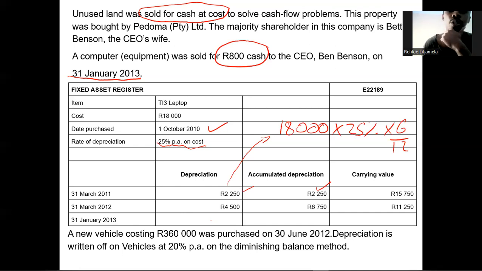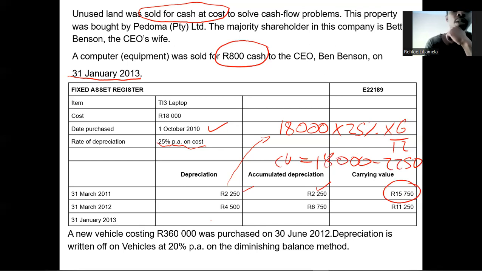Obviously, depreciation for that year will be the same as the accumulated depreciation. To get the carrying value, remember carrying value is simply cost minus accumulated depreciation. The cost price of this equipment is 18,000. When you subtract the first year's accumulated depreciation of 2,250, it gives you a carrying value of 15,750.